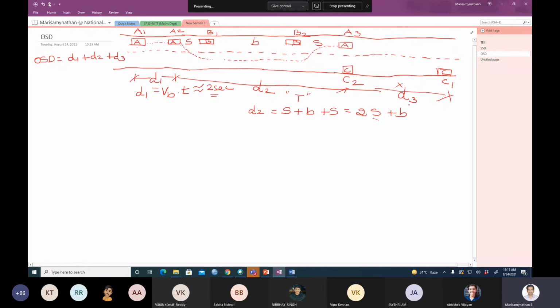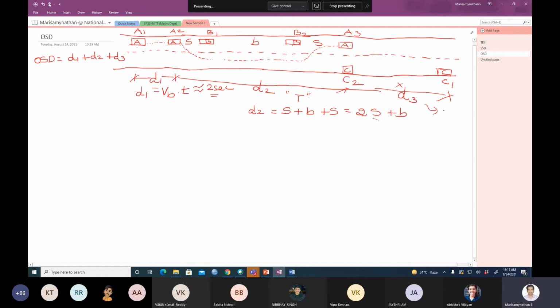But before that, if there is an opposite vehicle, it is traveling at the design speed and it travels for the time T, from the overtaking start to the ending. That time is taken from C1 to C2, so that is the estimation for this particular D3.